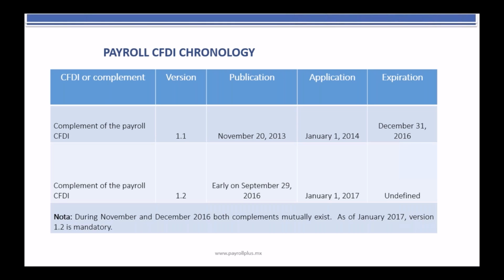Also, some elements for validation and to avoid errors are being included. For example, we're going to see new fields for total of income and total of deductions, because in the past there were no validation items, so companies would prepare CFDIs that did not match the amount that was paid.